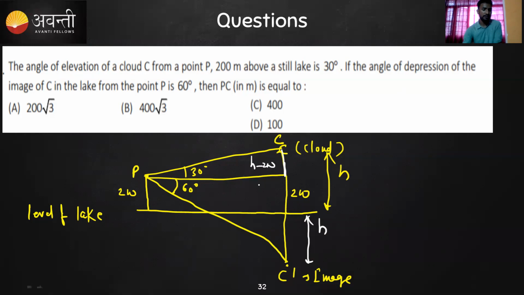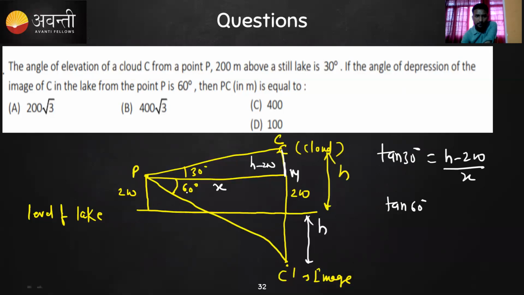So from here, we can write tan 30 is equal to, and suppose this PM as x, so it will be h minus 200 divided by x. And again tan 60, you can write it will be basically 2h plus 200 divided by x. tan 30 is equal to h minus 200 by x, and tan 60 is h plus 200 by x.